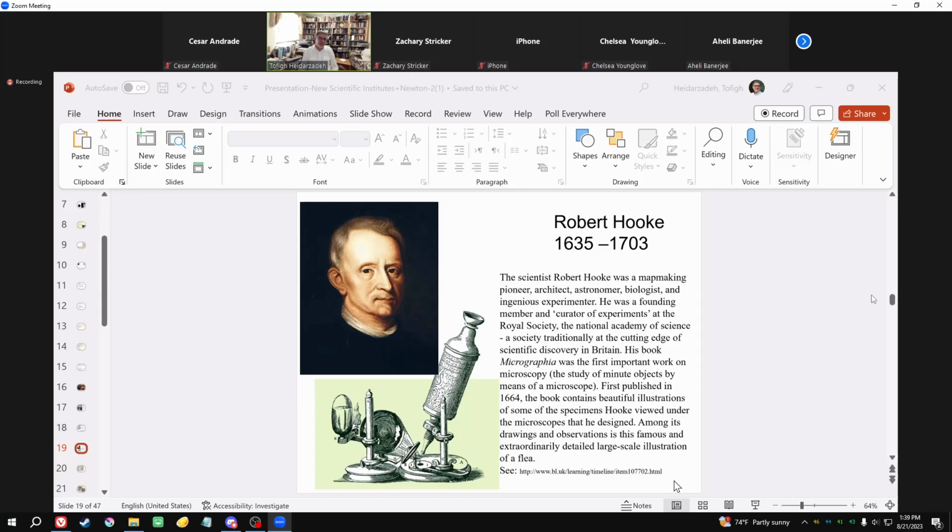But he managed to create these wonderful images of a fly, or the composite eye of a fly, and insects, small creatures.